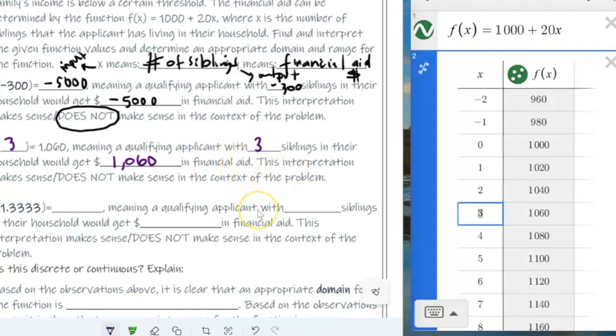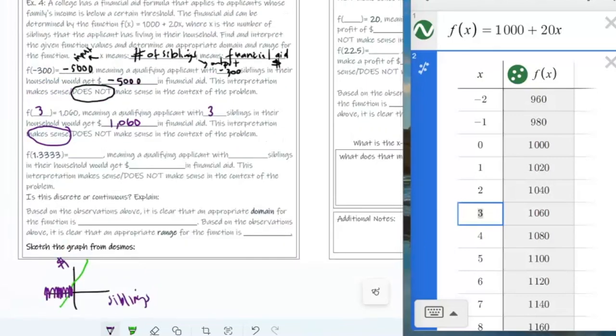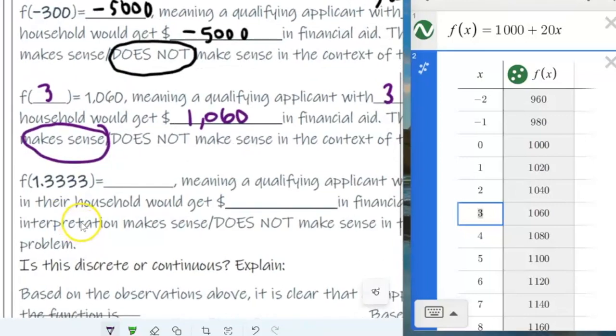Yes, this interpretation makes sense because I can have 3 siblings, like 1 brother, two sisters, and then we're going to get $1,060. All right. So yes, that makes sense. So what that is saying is I can have positive numbers in siblings and I can have positive numbers in dollars. So far this part of the graph makes sense. Now we're going to keep going.